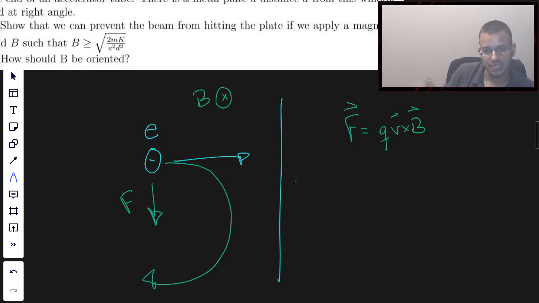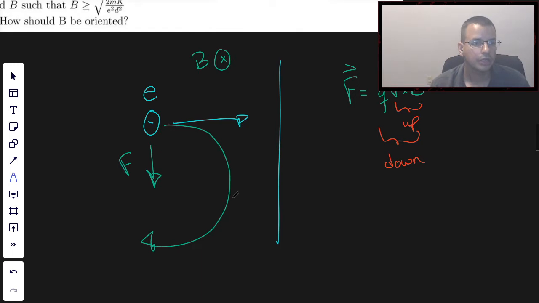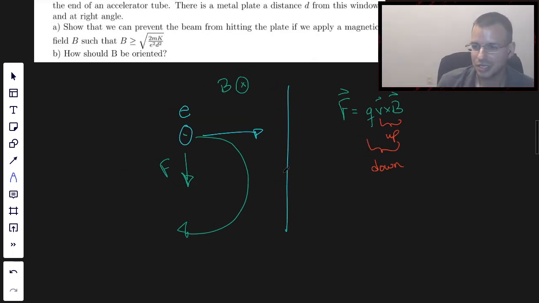V cross B: first vector, then you bend your fingers in the direction of the second vector, which will be into the page, causing a force going up. So in our picture, this is up. But since we have an electron, which is negatively charged, we get a negative sign. The whole thing then becomes down. And we could flip the other direction, it wouldn't matter. Both of them would be correct.